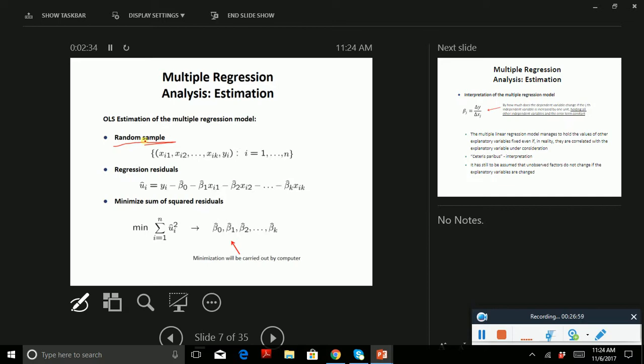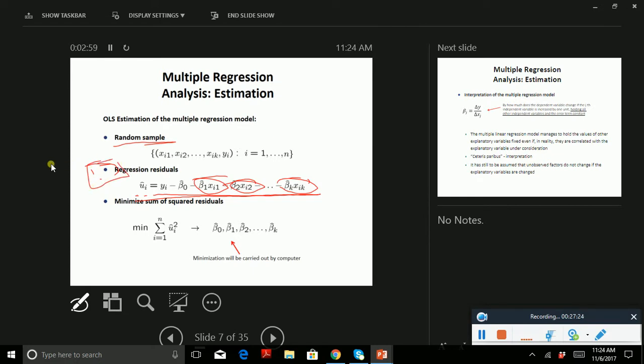And now the regression residual is the subtraction from all the estimates of the explanatory variables. So beta 1 had xi1, beta 2 had xi2, beta k had xik, right? And that's the regression residual.